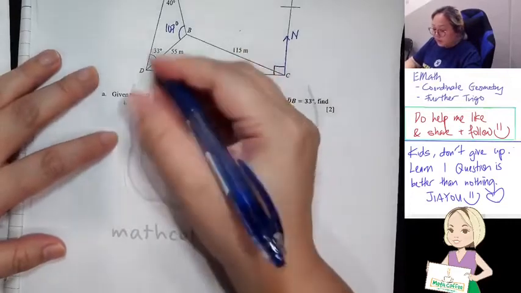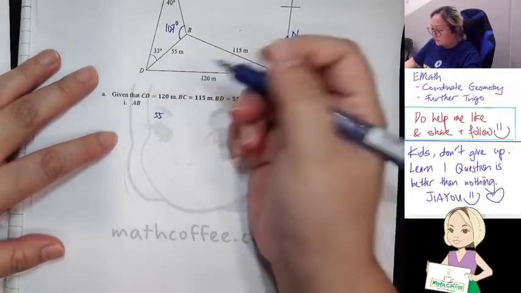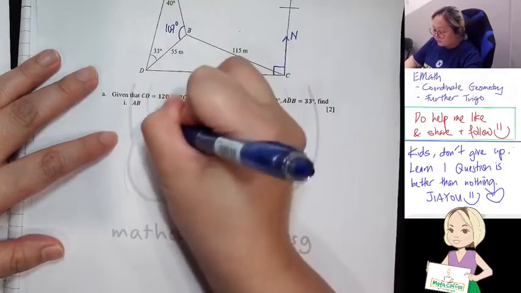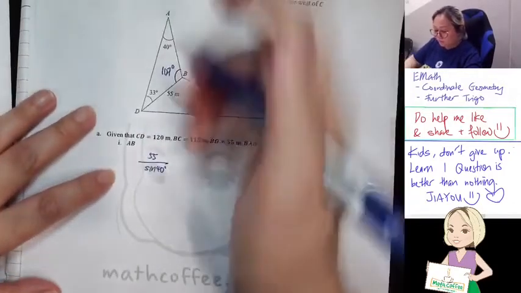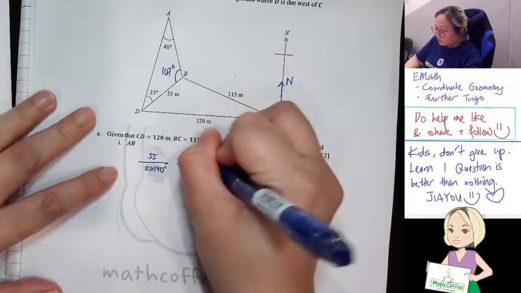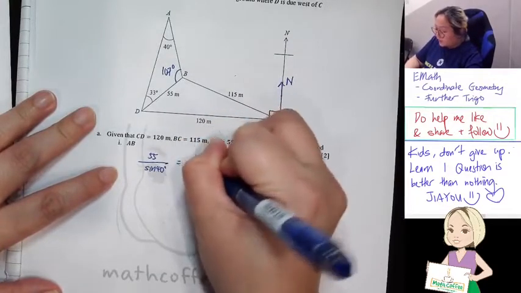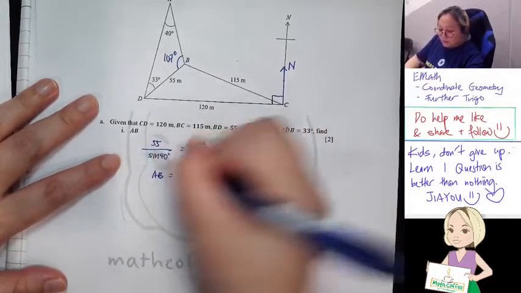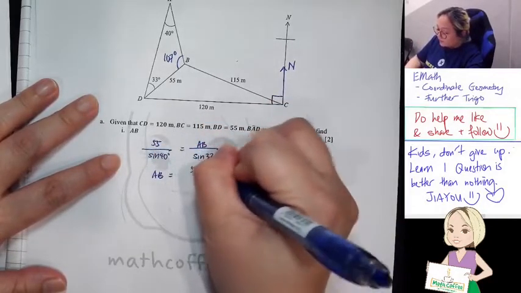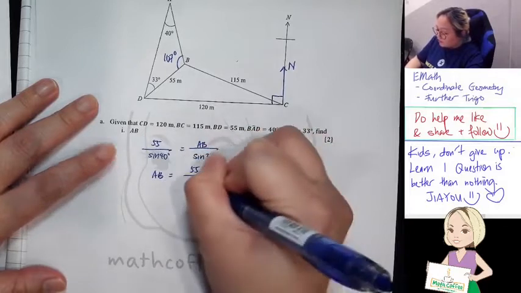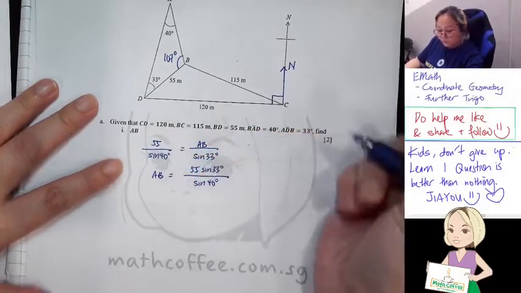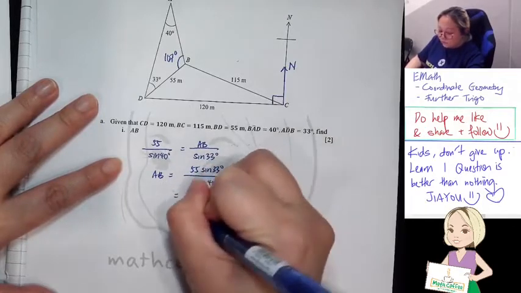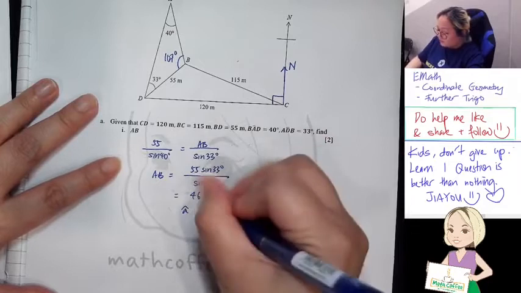So I will do 55 over sine 40 equals AB over sine 33 degree. Cross multiply, AB equals 55 sine 33 degree over sine 40 degree equals 46.6019.